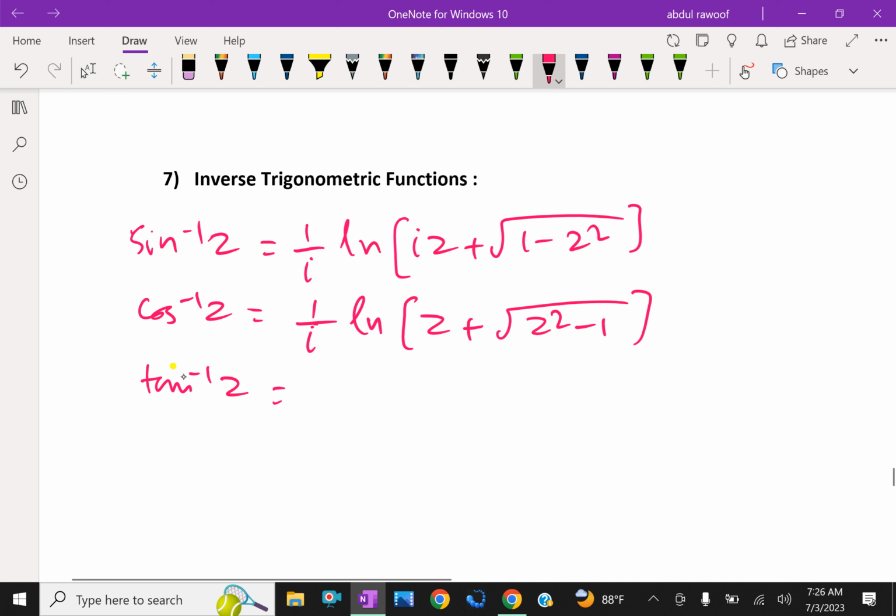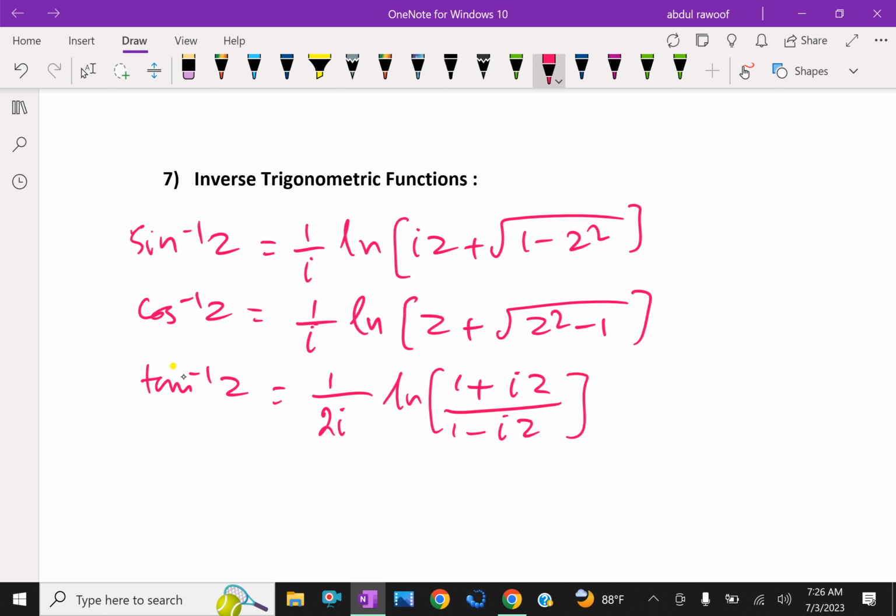Tan inverse z equals 1 over 2i ln of (i plus z) over (i minus z).